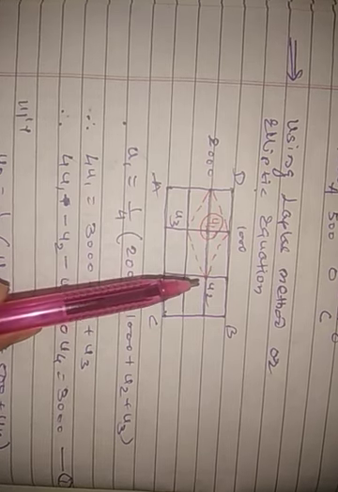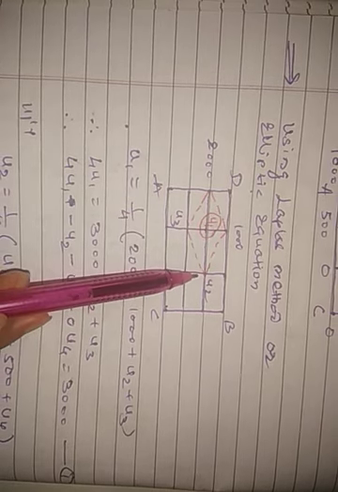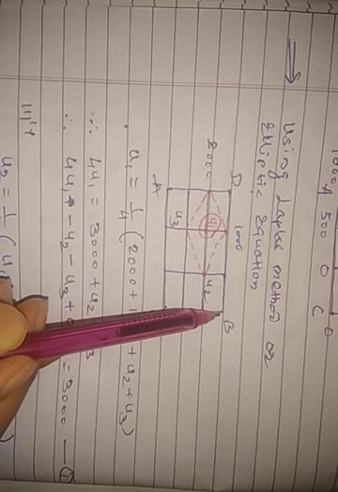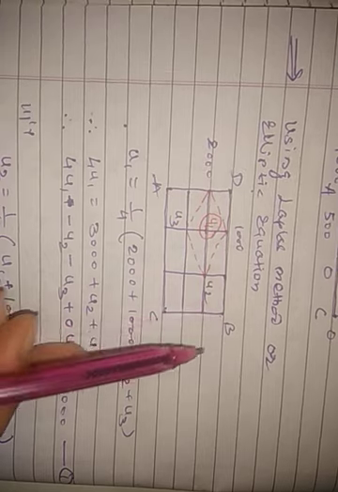Now in the same way, for u2 we have to consider 4 points.